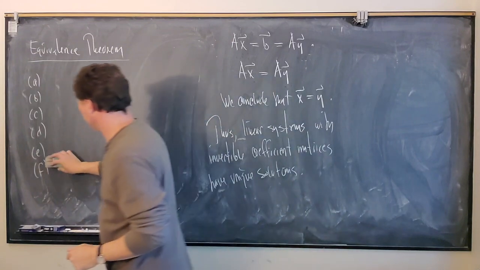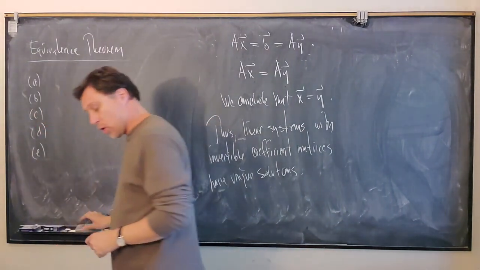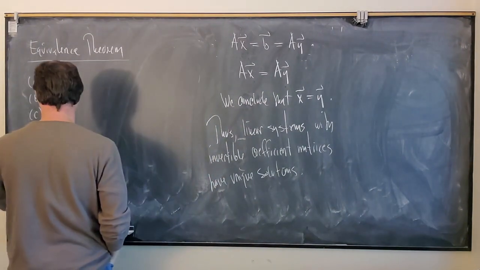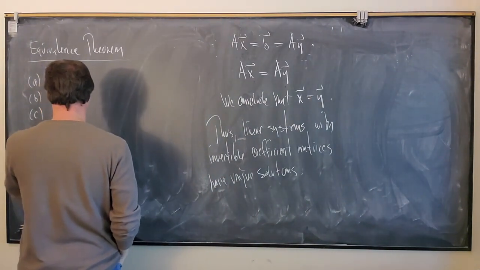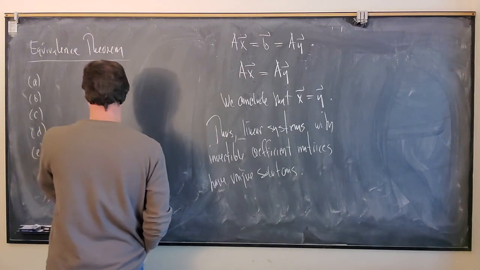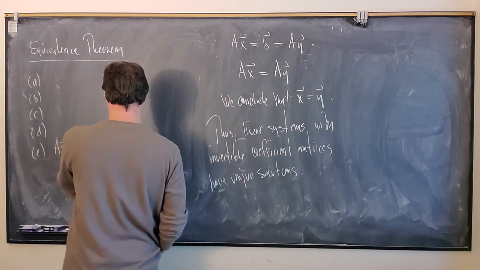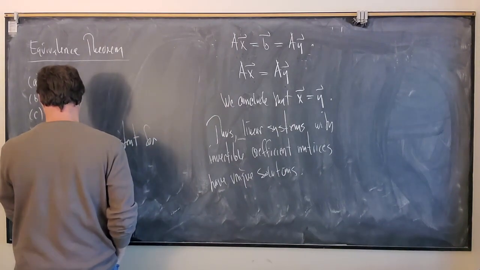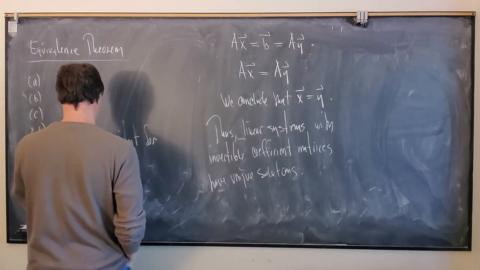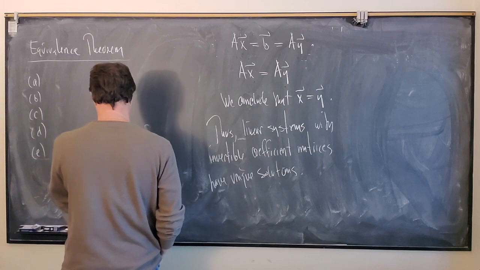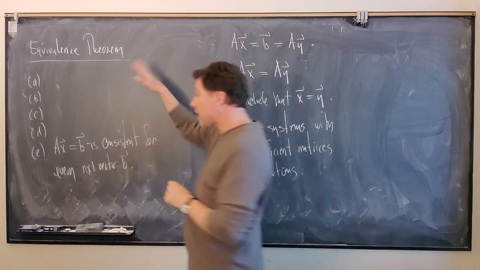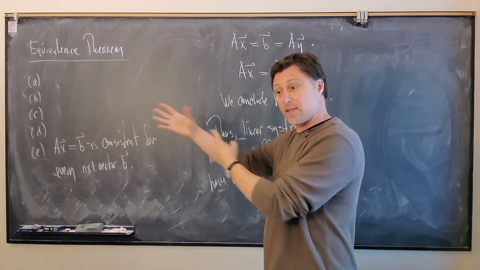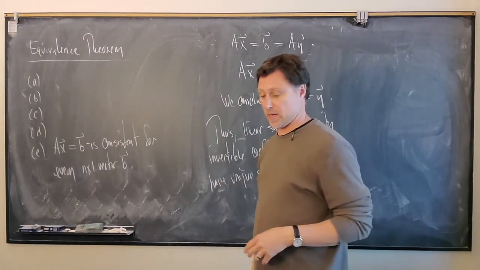So I should have written E and F. Part E, let me say this correctly: Ax = b is consistent for every n by 1 vector b. That's what I showed in the computation that we just erased. For every b, there is a solution, x equals A inverse times b.